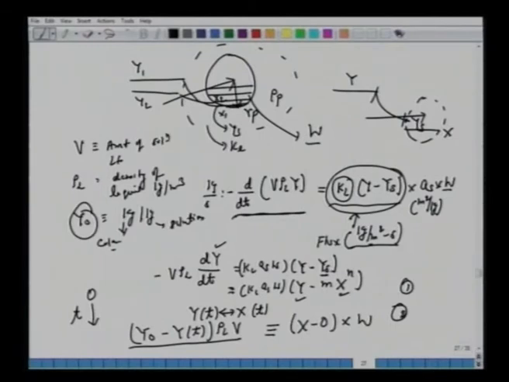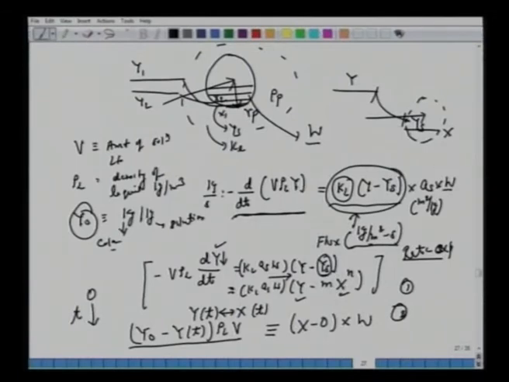Alright, so these are the rate expressions. In 1 second, at any time, what is the rate at which this wastewater concentration decreases? Why does it decrease? Because there is a transfer flux, and we are saying that at the solid surface the two phases are in equilibrium, so Y is equal to mX to the power n.